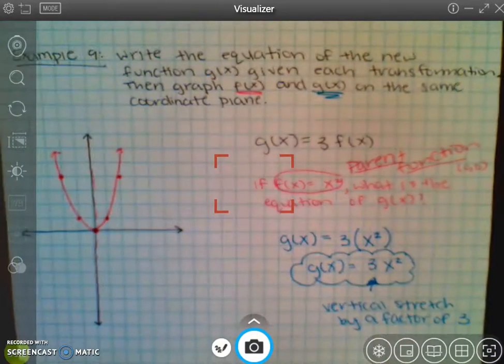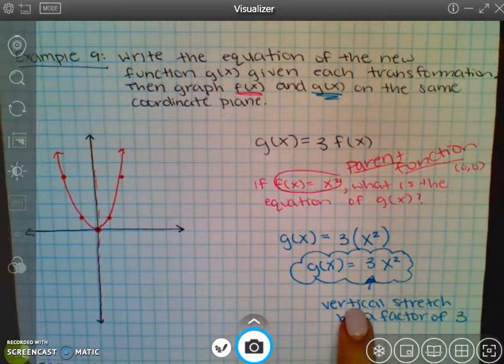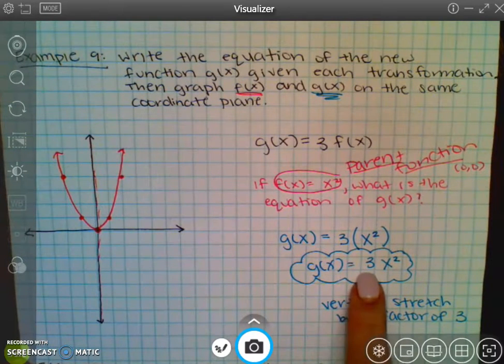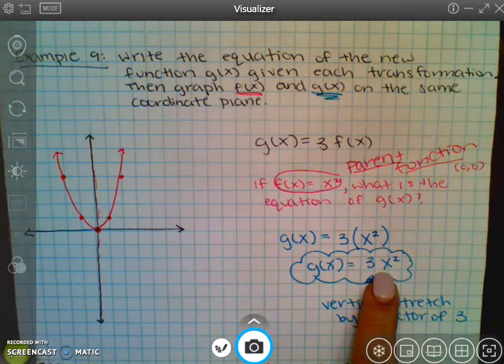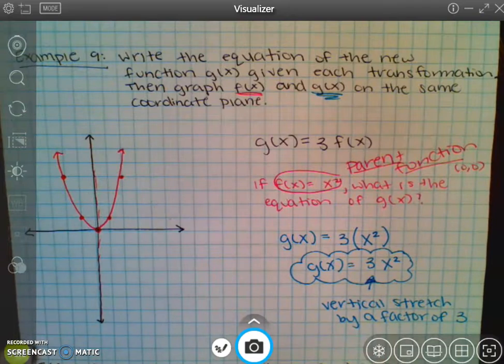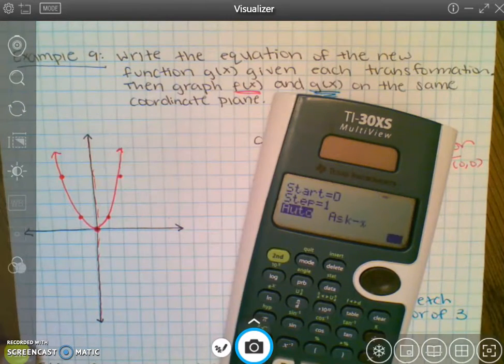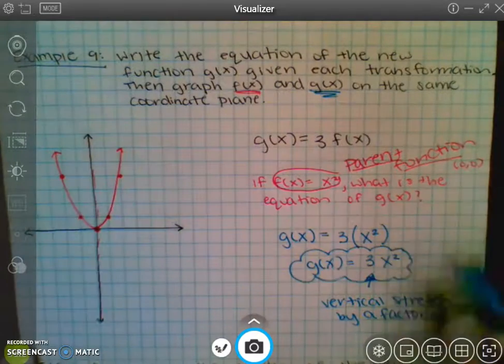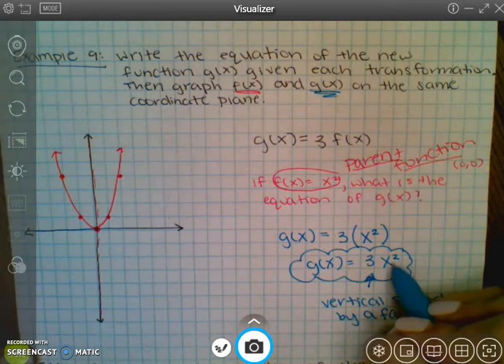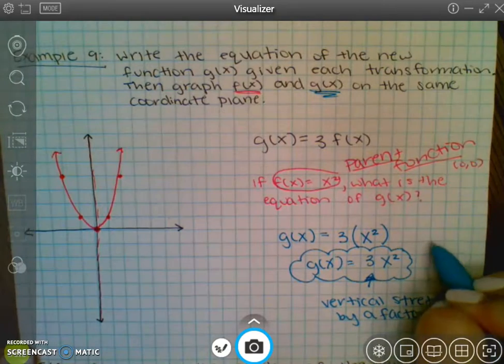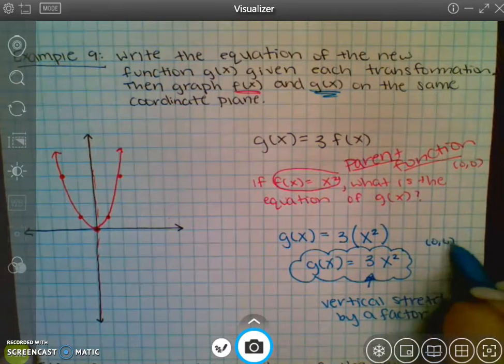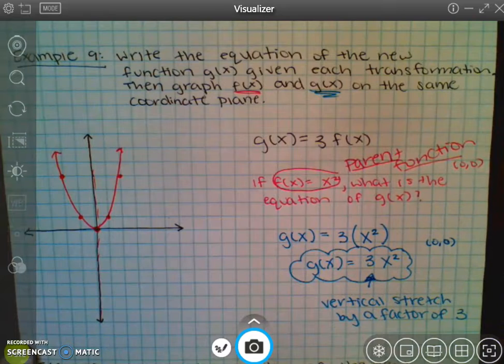Okay, so next we are going to do g of x. So g of x is 3 times all of these. Let's plug it into the table so we can see what it looks like, 3x squared. Also, there are no numbers in here with the x or outside, so this vertex is also at 0, 0.